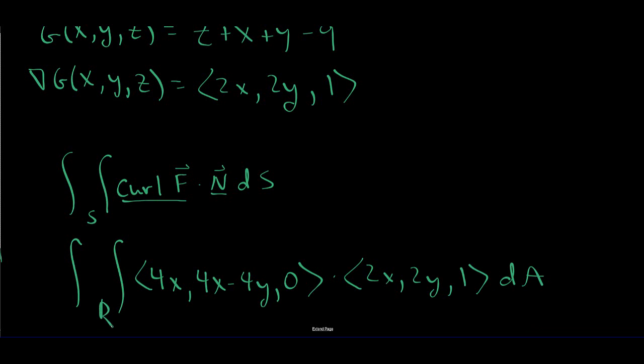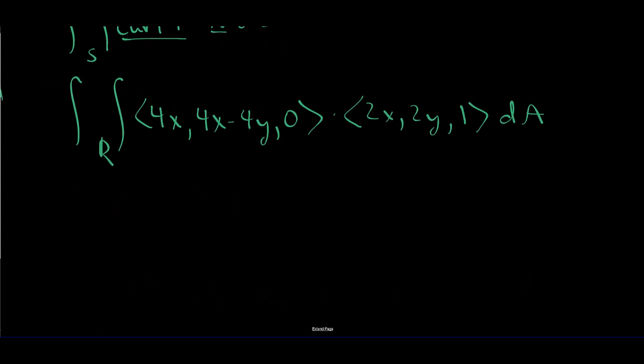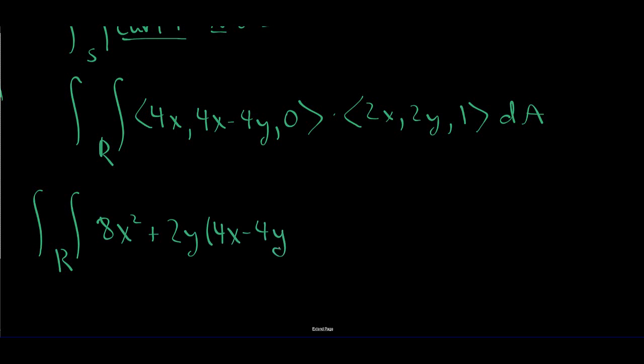Now continuing on, let's see if we can clean this up a little bit. Okay, if we take the dot product, we're going to have 8x squared plus 2y, 4x minus 4y, and then 0, of course.